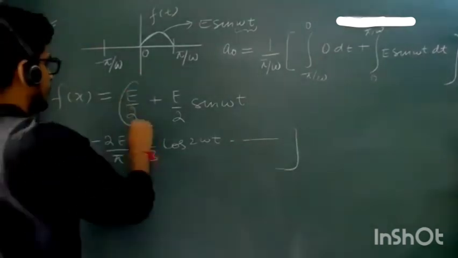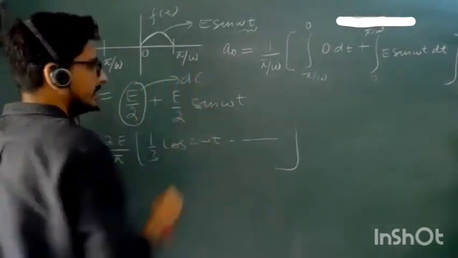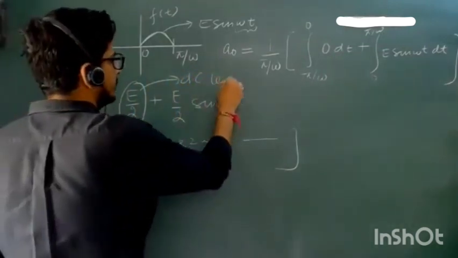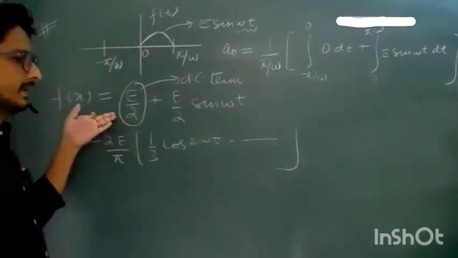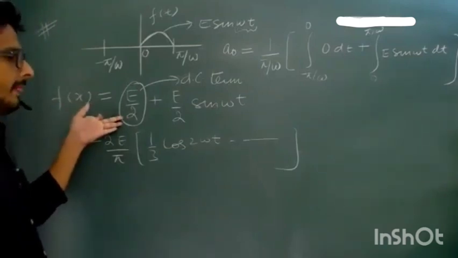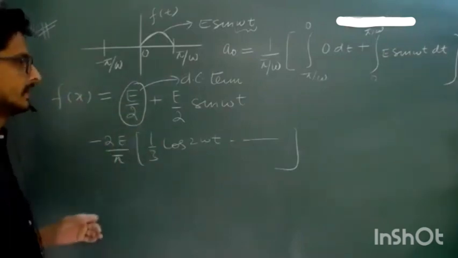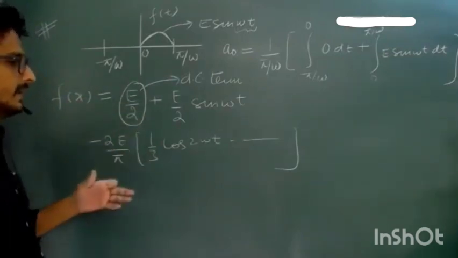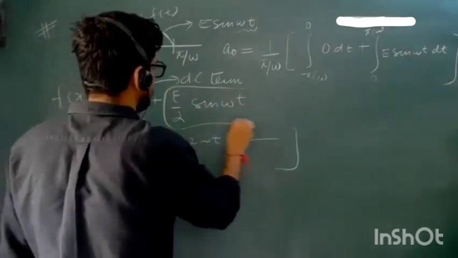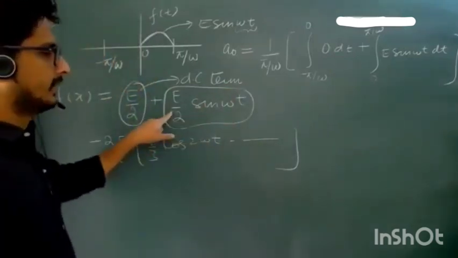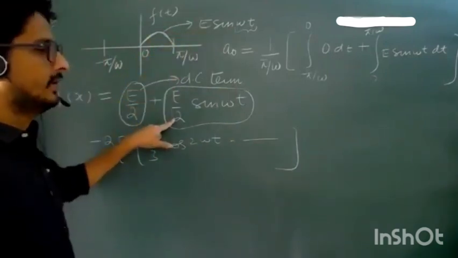There is this term which is independent of time. This is the DC term still present in the rectifier. See, this is how we analyze with the help of the Fourier series. DC is present in your signal, whereas in a rectifier you wanted purely DC, and still this sine ripple is also present, and its magnitude is also very high, because here the magnitude was E, here the magnitude is E by 2.